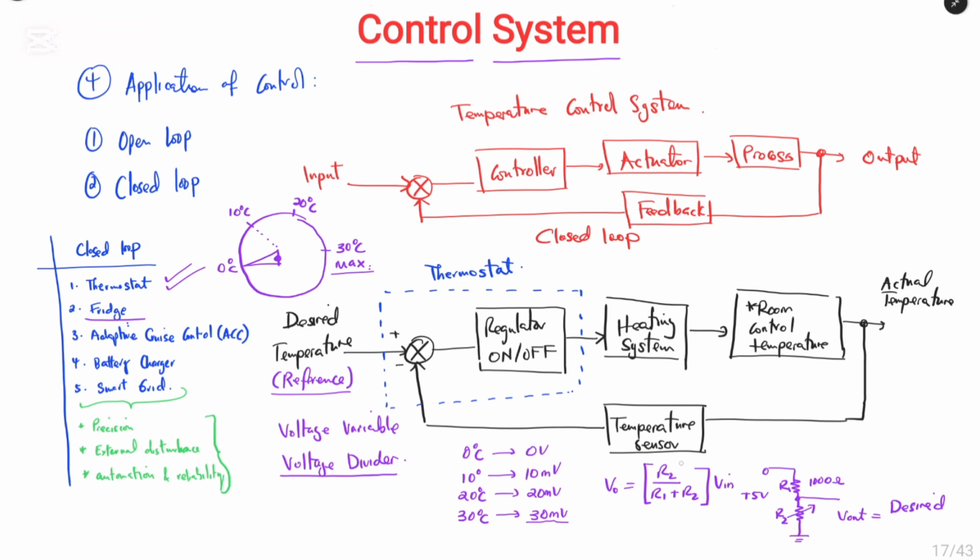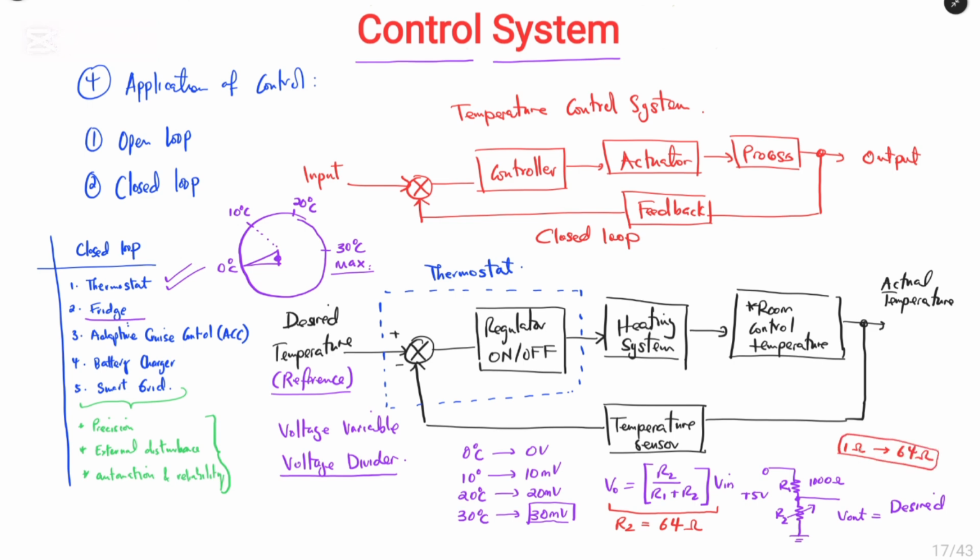The unknown is R2. So we can look at the maximum value, which is 30 millivolts, and we can compute. By solving this equation and inserting the values, we can now find R2, which should be equal to 64 ohms. And the range is from 1 ohm to 64 ohms.